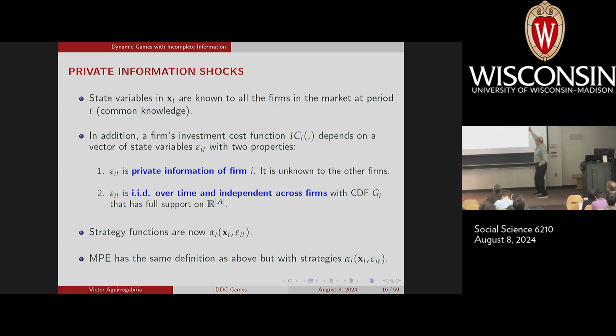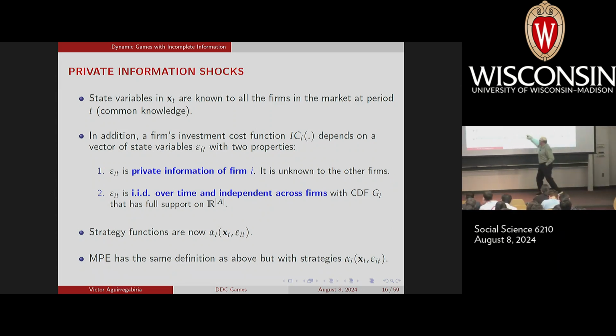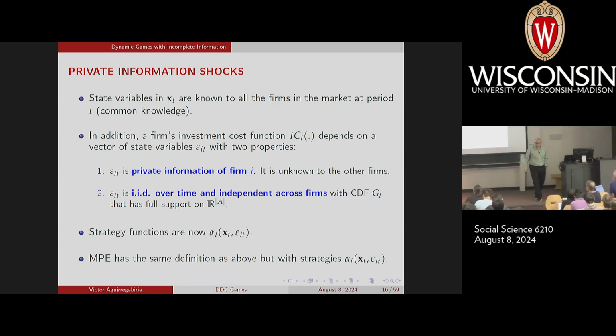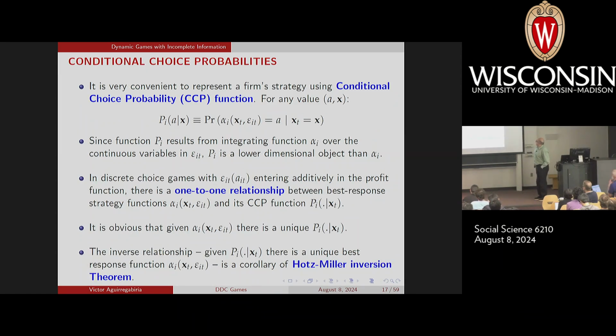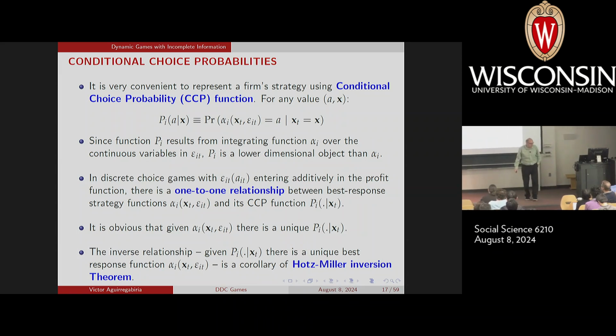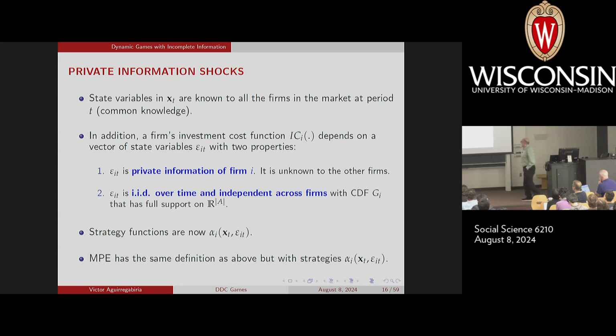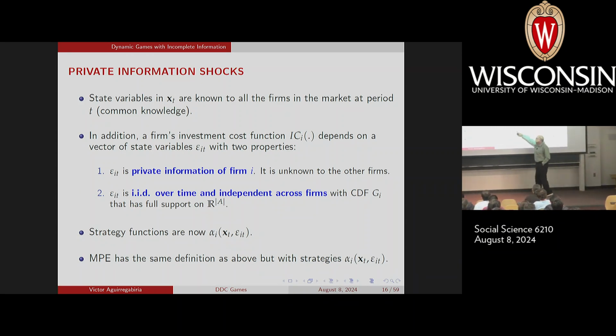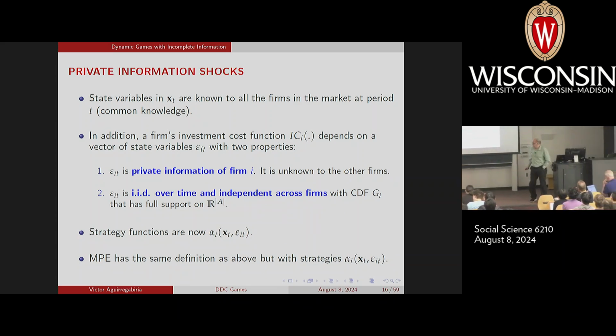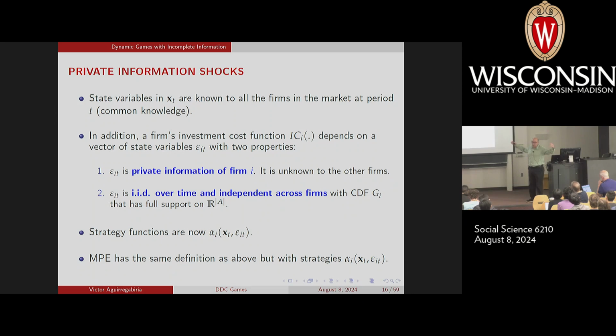Then, as I have mentioned, in addition to X, we incorporate these private information shocks that are IID across players and over time. And then, because we can have as many epsilons as choice alternatives, and these epsilons are continuous variables, we are also increasing the dimension of the state space substantially, and in terms of computation that can be challenging.